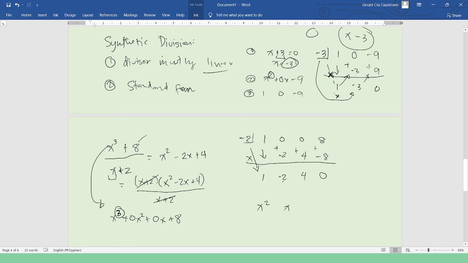So, that will be x. Rewrite mo lang yung coefficient. So, we'll have minus 2. Nandun na tayo sa x raised to 0, which is 1. So, 4. I-write mo lang yan. Plus 4. Basically, we have here x squared minus 2x plus 4 which is just equal dito sa shortcut na ginawa.